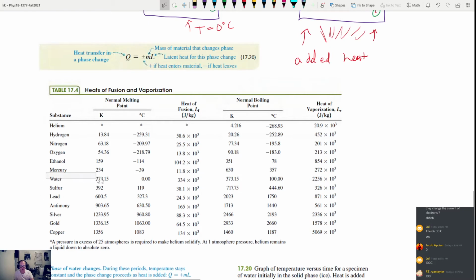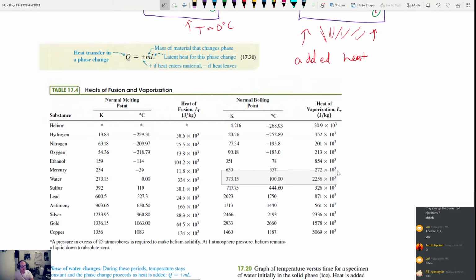For water, the latent heat of fusion, which is when you go from liquid to solid or solid to liquid, is 334 times 10 to the third, or 334,000 joules per kilogram. That means you need that much energy to melt ice. For every kilogram you have, you need 334,000 joules, which again isn't that much energy, to be honest, because a joule is a really small unit.